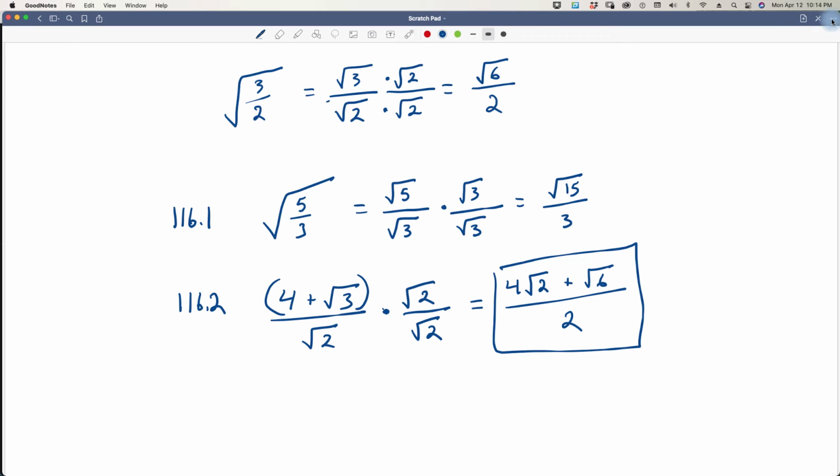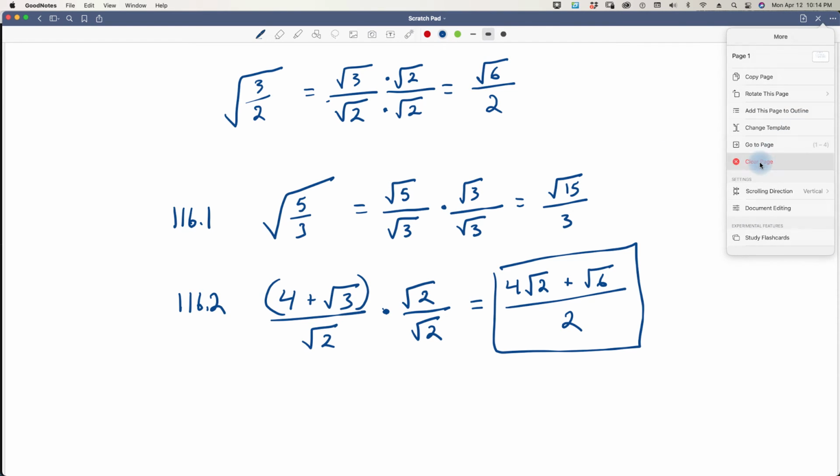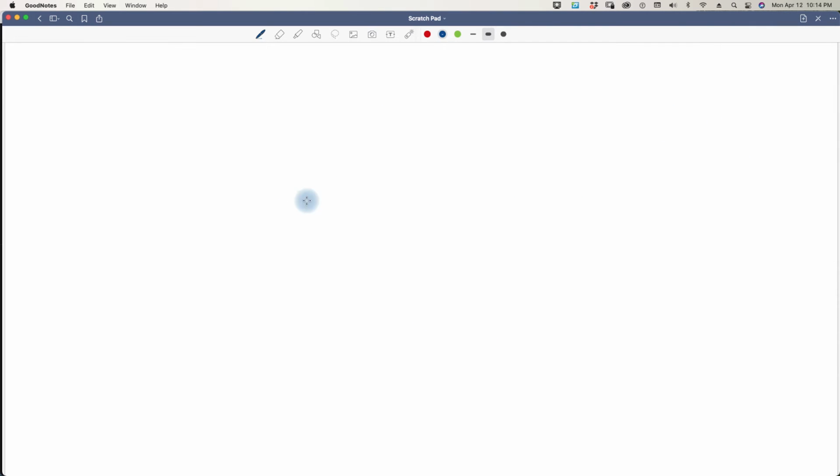All right. Let me clear the page. Let's do some more. We have one more, 116.3, and it says 2 plus the square root of 15 over the square root of 5.